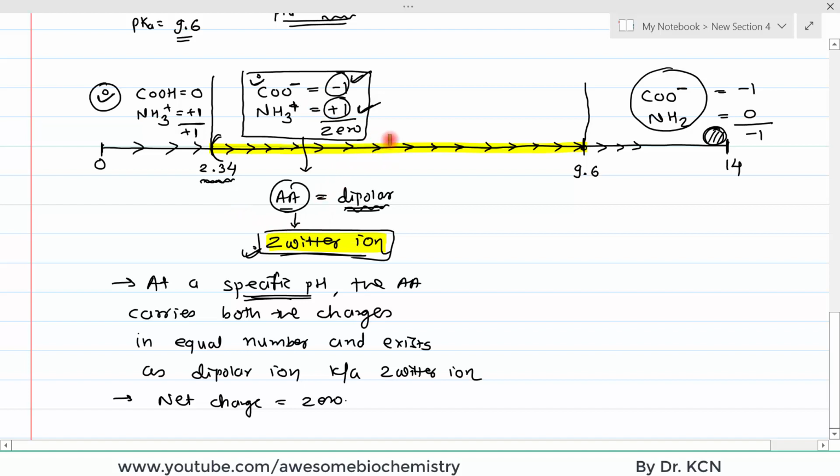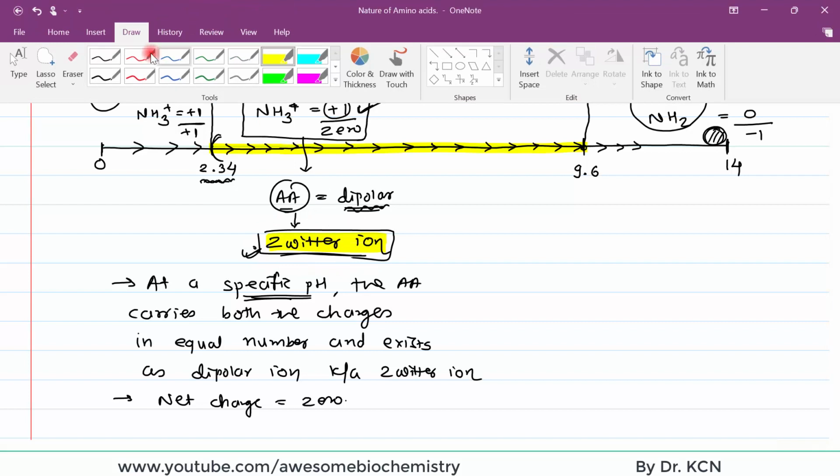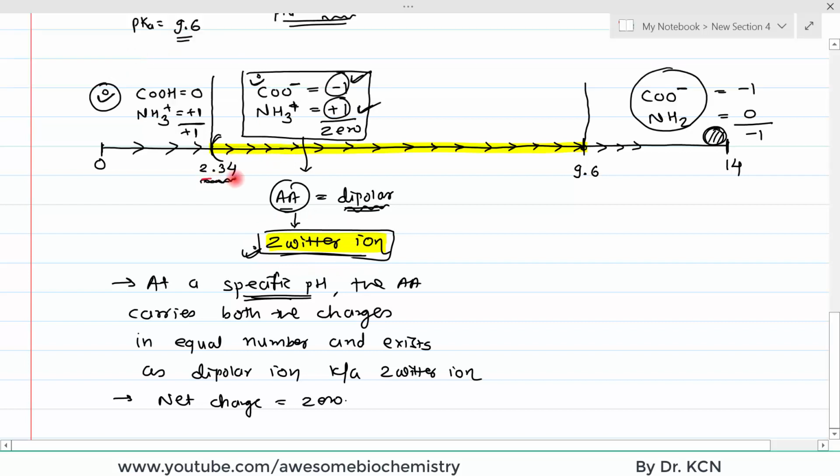But at which specific pH will this Zwitterion be the maximum? So, logic says that at the exact midpoint of these two, at this specific pH, the maximum of the amino acid will be in the Zwitterion form. So, how to find out the exact midpoint of these two?